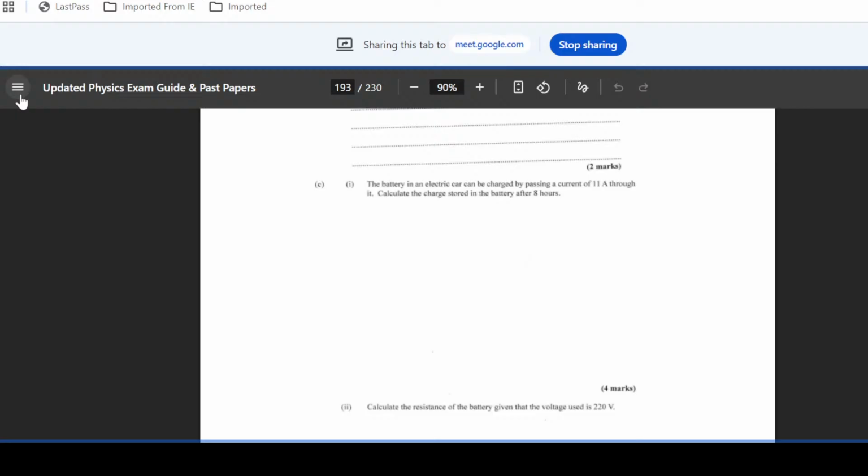All right, so easy stuff here, and with the chemistry on electrolysis fresh in the mind. So charge, how do you calculate the charge?